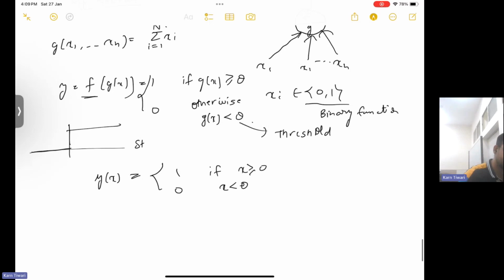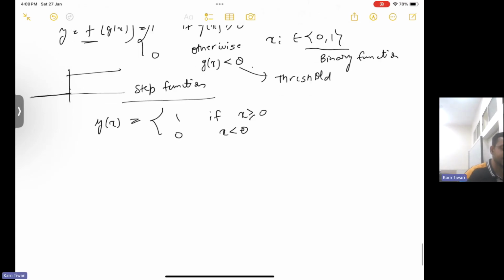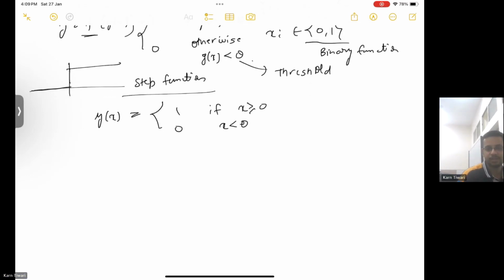This is basically a step function. So the decision is just a step function in this case. So that was needed for solving the first problem, I assume.